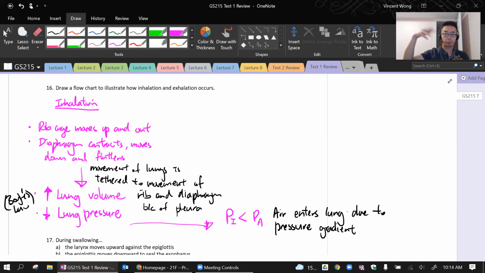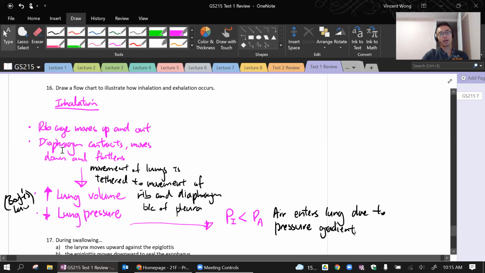So if the atmospheric pressure, the PA, is bigger than the intrapulmonary pressure, then it's going to go into our lungs, and then it fills up the lung. That's inhalation. Okay. Exhalation is the opposite. I am confident that you can write it out yourself. Okay. You just change the words, right? Ribcage moves down and in, so on and so forth.